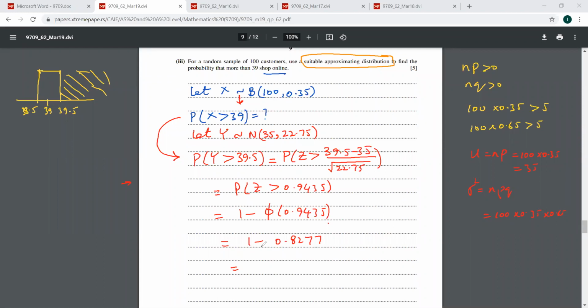So that is 0.1723. So we had to find the probability that more than 39 are shopping online. So this is the probability that there are more than 39 people shopping online out of the 100 people.